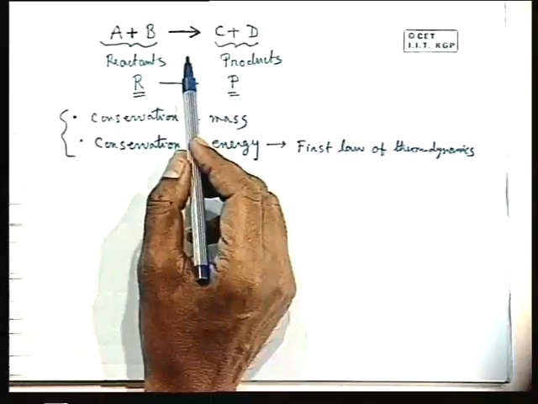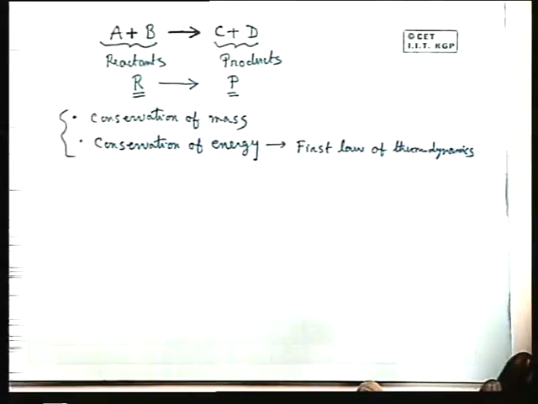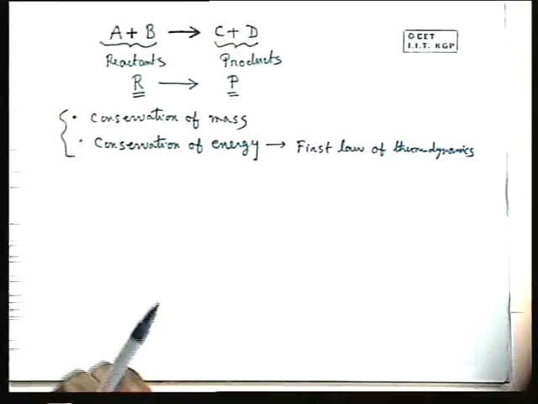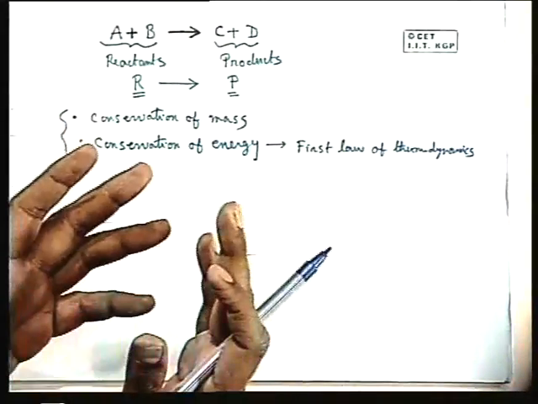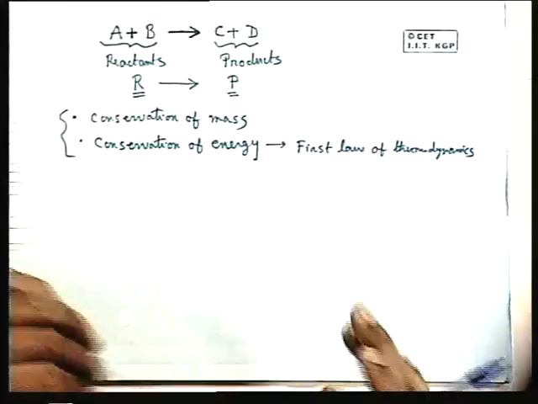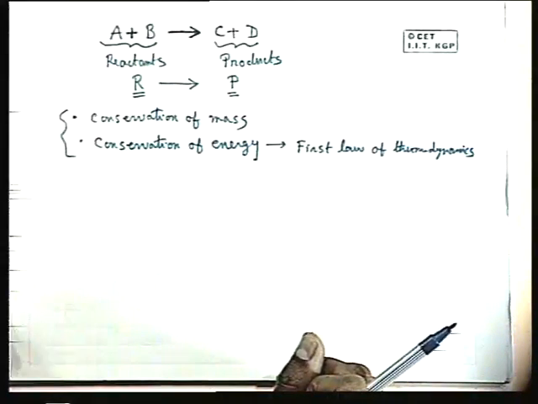As you know, for any process, the first law deals with how much heat has to be removed or added, how much work is done or added for a process to change from one state to another state. But whether a process will take place in a particular direction, whether a final state is achievable or not, and if achievable, in what direction, this information is furnished by the second law.